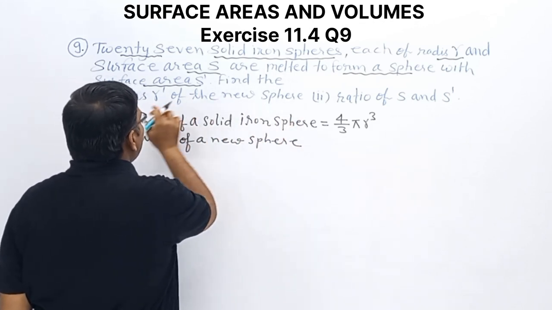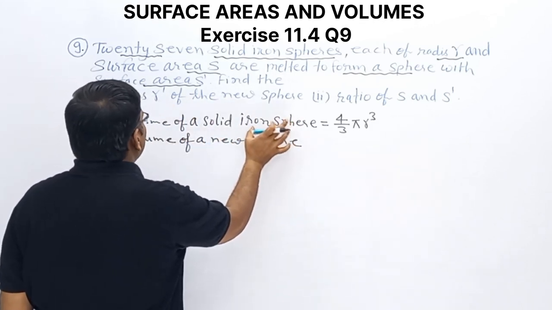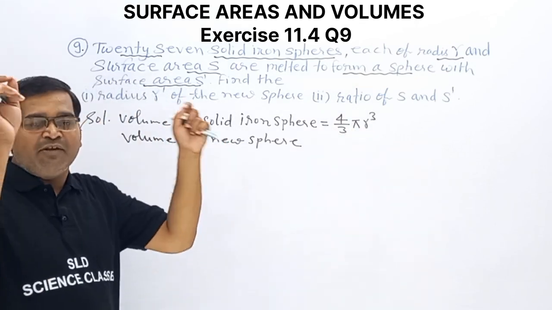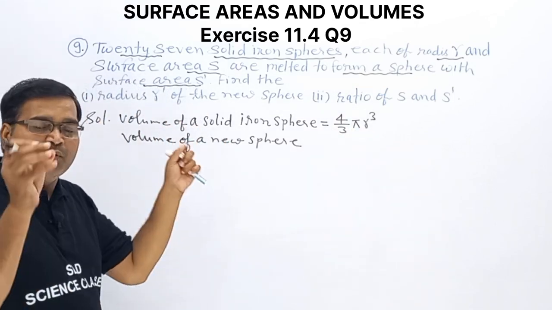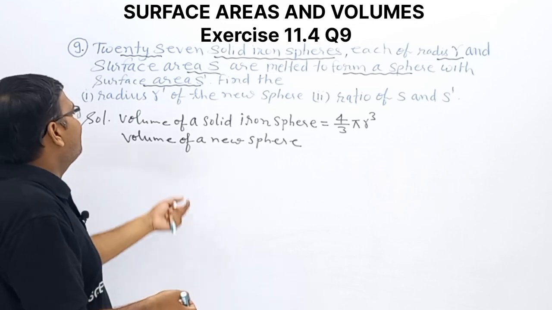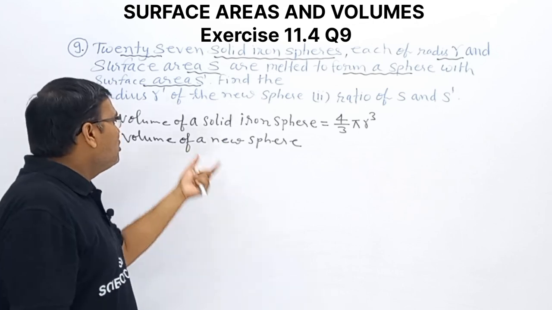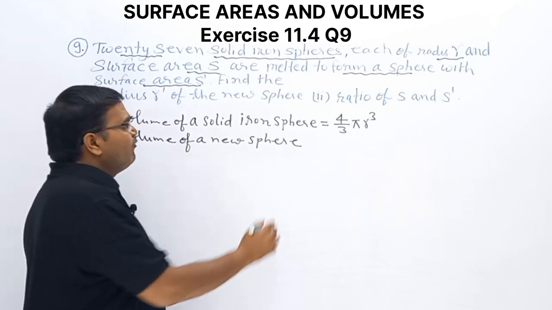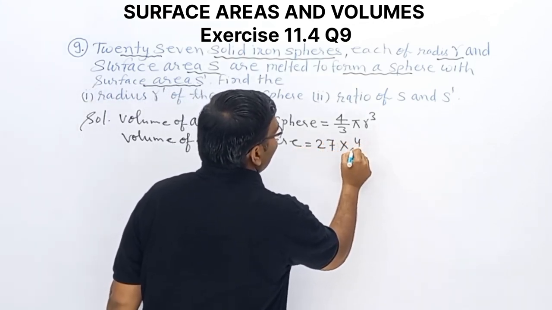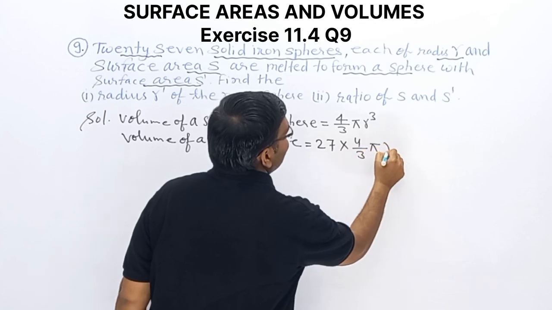One solid iron sphere volume is 4 upon 3 pi r cube. We are having 27. Once we melt all 27 spheres, we get a new sphere. So the volume of the new sphere will be 27 into 4 upon 3 pi r cube.